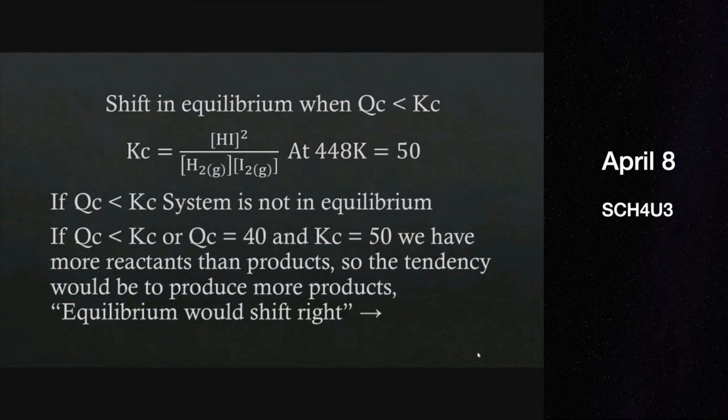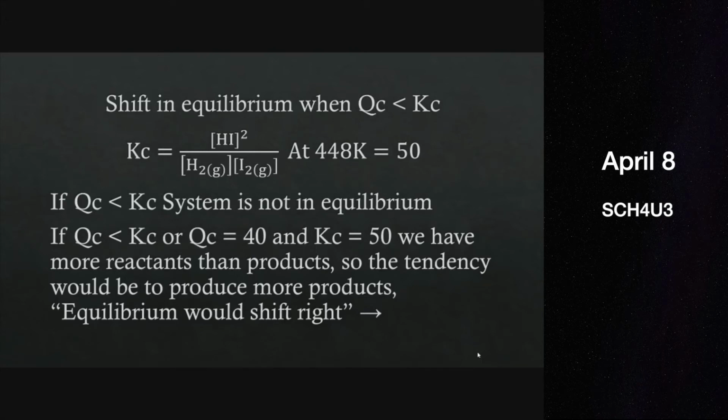We have already seen this. So in this case, QC is less than Kc, or QC is 40 and Kc is 50. So ideally, if you want the numerical value of 40 to go up, do we need more products or do we need more reactants? That's the question here. If QC is less than Kc, that's because you have a larger quantity of reactants in comparison to the products based on the equilibrium expression and the equilibrium constant.